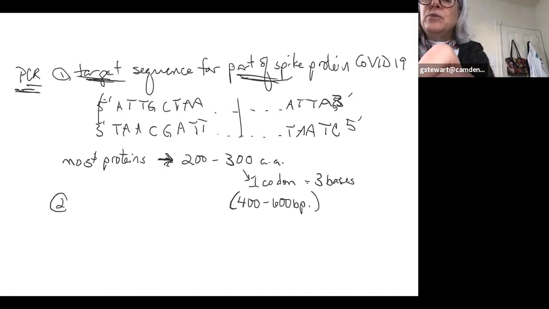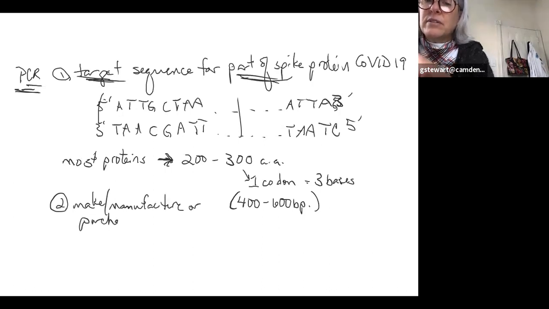Now I need to make, meaning manufacture or purchase, primers, and they're a set of primers, okay? One of 3' to 5', right?